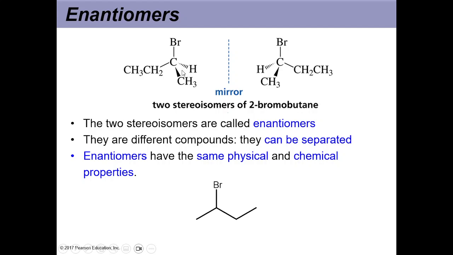Now here's the thing. 2 dashed lines means the bonds on the screen plane, the wedge line means the bonds pointing towards you above the screen plane, and the dot line points away behind the screen plane, all from this chiral center.